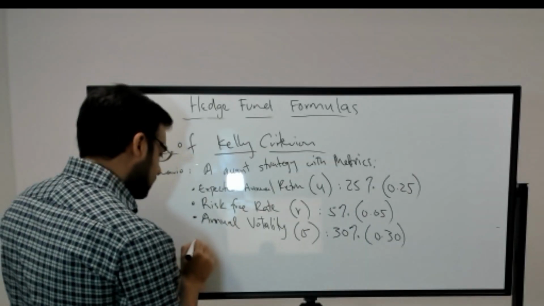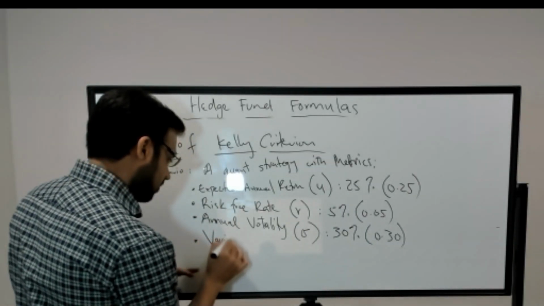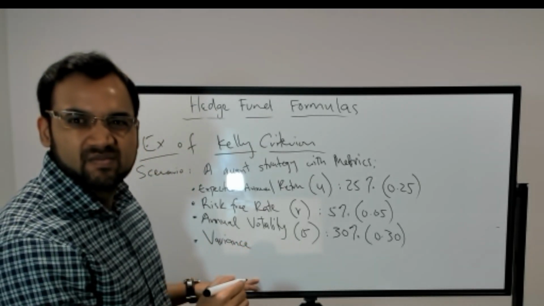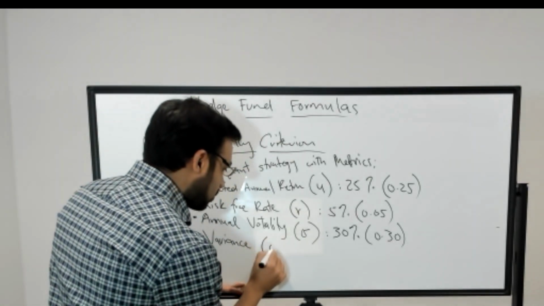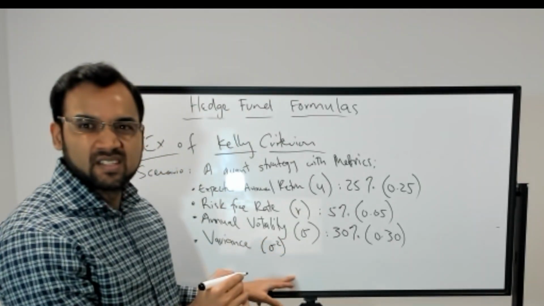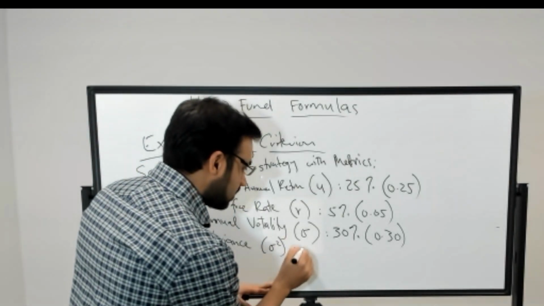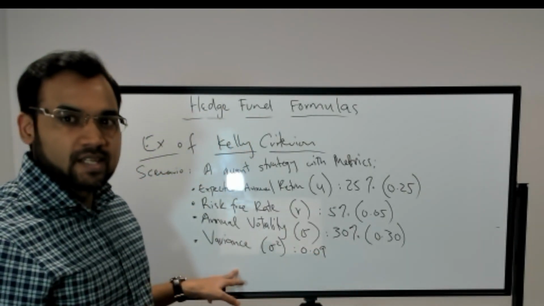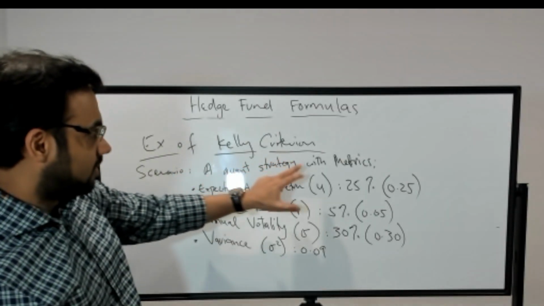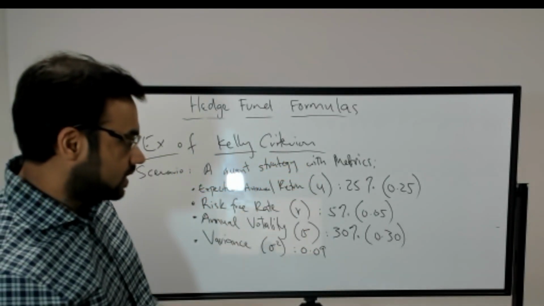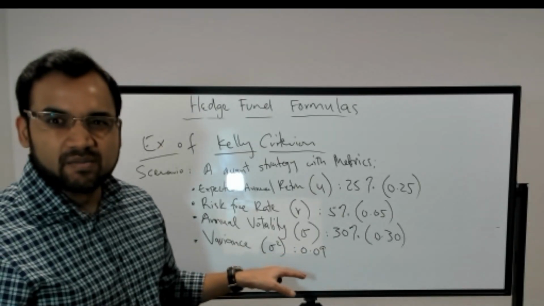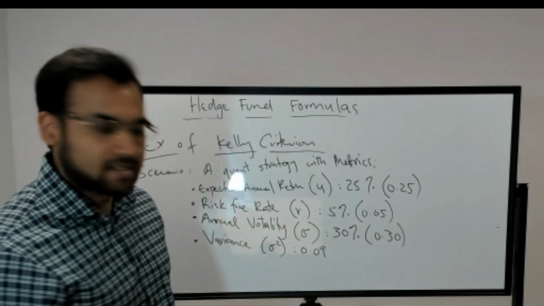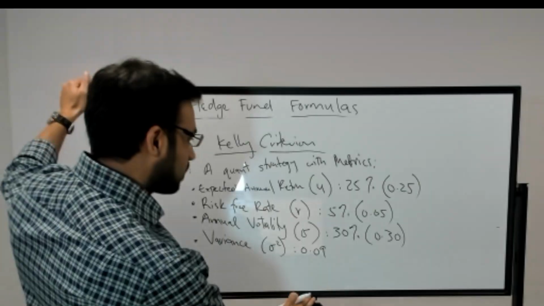And your variance, which should be squared, is 0.09. Okay, let's say you have this matrix for a quant trading strategy, and how would you calculate the full Kelly on this? Okay, so we'll just do it on the other side.